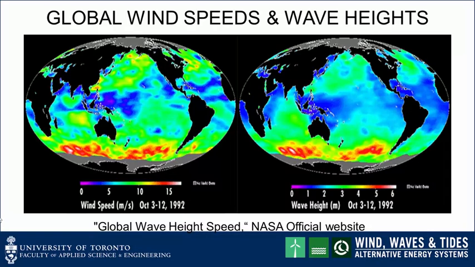Just looking at the color comparison here, you can see there's a really strong correlation between where the wind is and where the high waves are. Once again, this emphasizes the southern oceans where there's not much interference by landmass, very high winds here and very high waves as well.